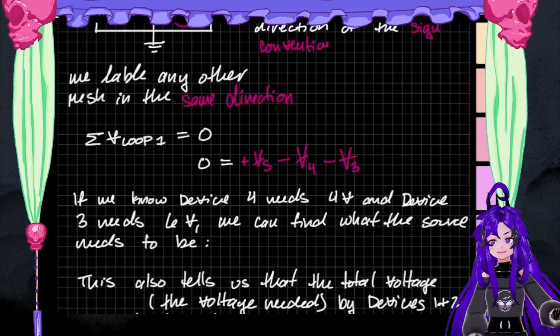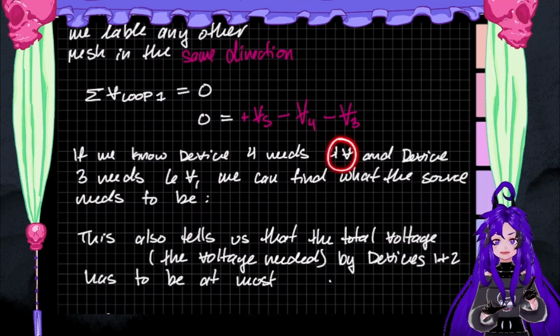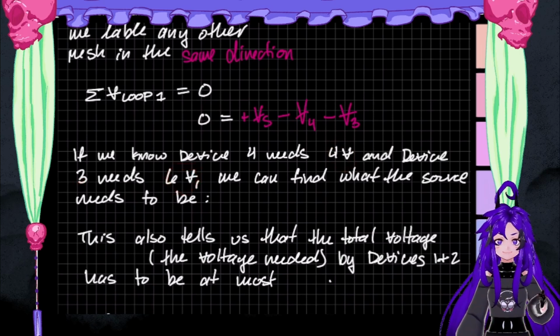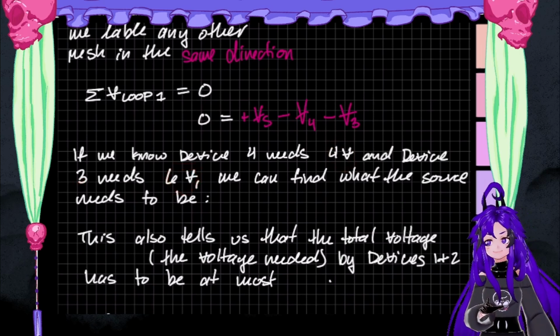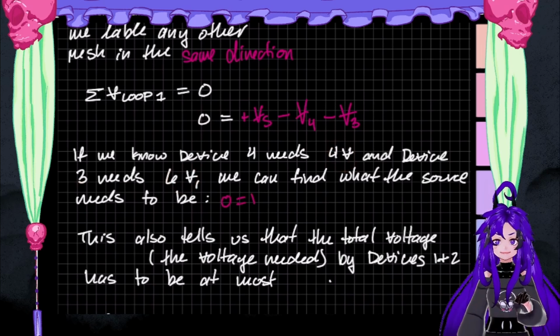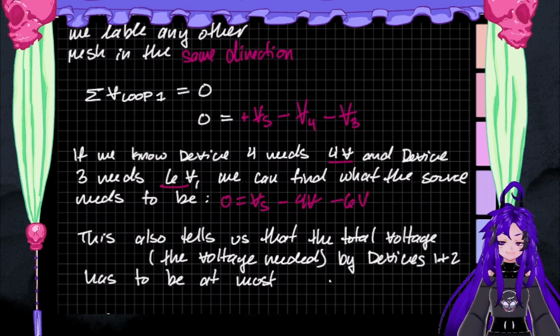And if we know the device 4 needs, say, 4 volts, and that device 3 needs 6 volts, we can find what the source should be. So 0 equals V source minus 4 volts, and then minus 6 volts.